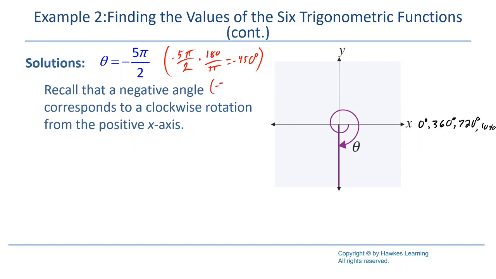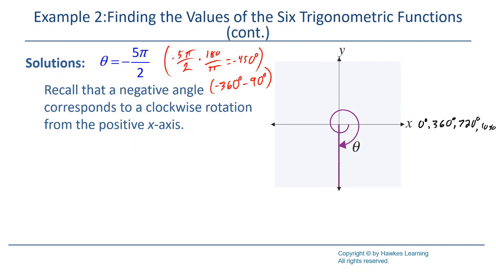So I know that this is negative 360 minus 90 degrees. So the key takeaway is I can throw out the 360 and say, okay, this is basically the same as if I was working with negative 90 degrees.